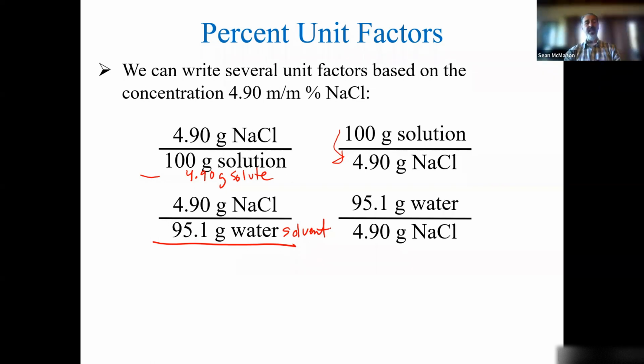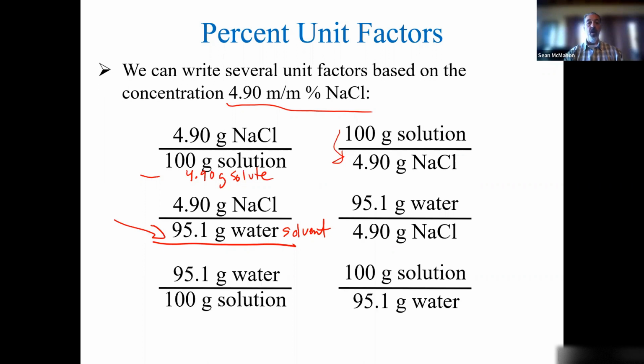So I could even say, you know what? Of this 4.90% sodium chloride solution, if I have 4.90 grams of sodium chloride, excuse me, that means I needed 95.1 grams of water. Or I need 95.1 grams of water to bring this 4.90% sodium chloride solution to a total of 100 grams.